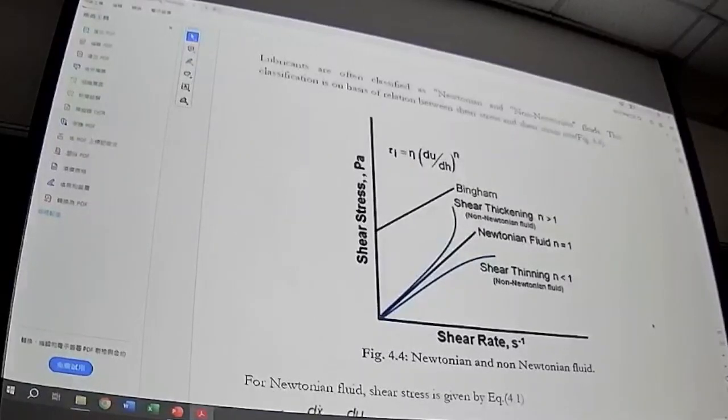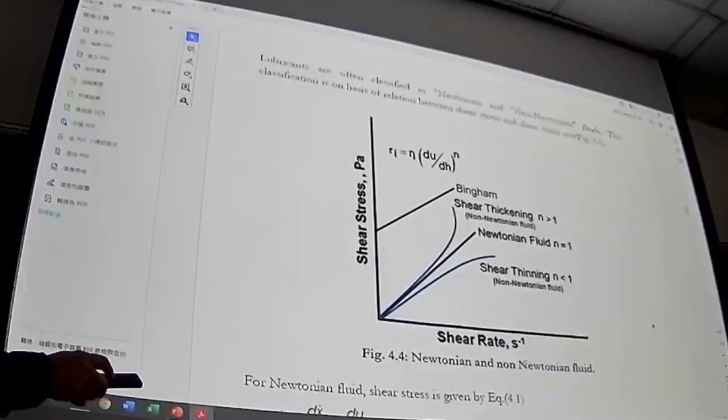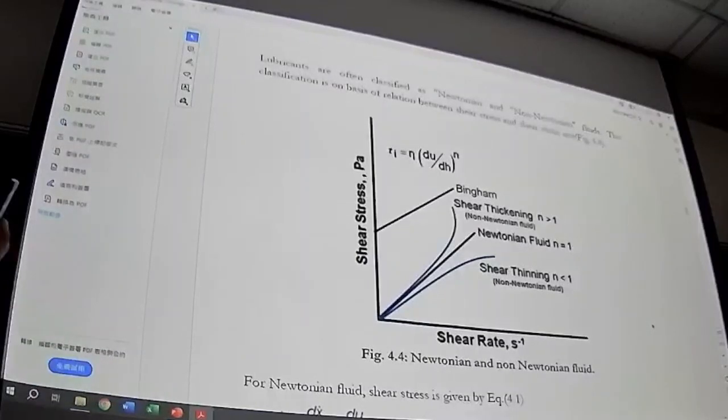Here we have some figures. You can distinguish the Newtonian or non-Newtonian fluid.